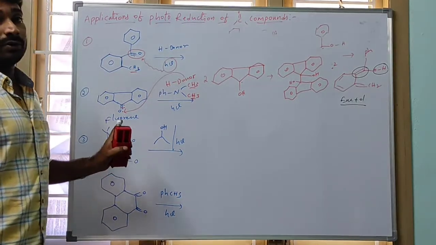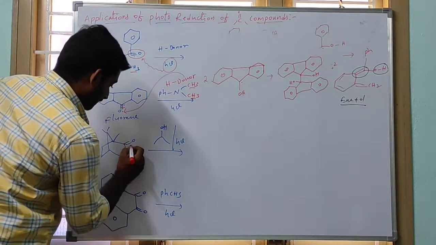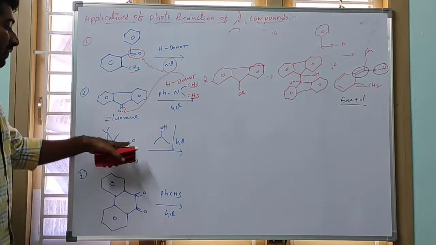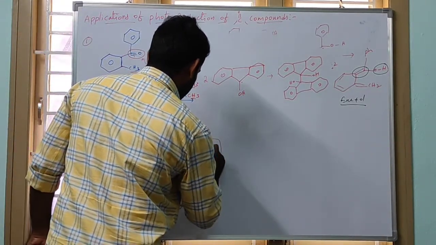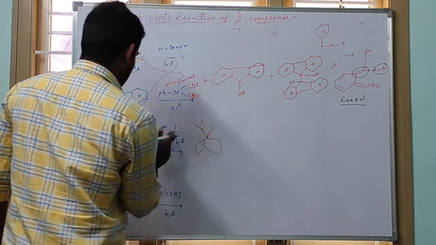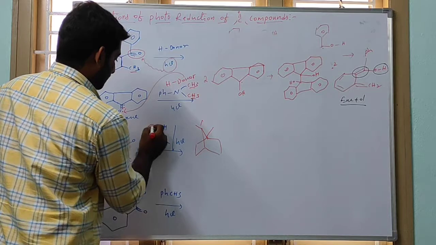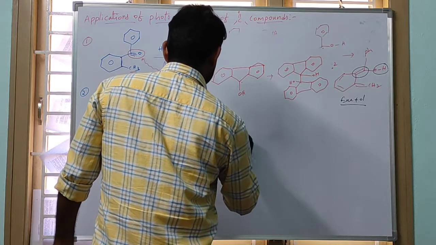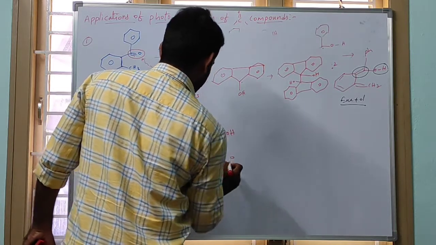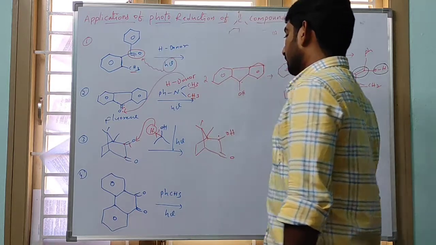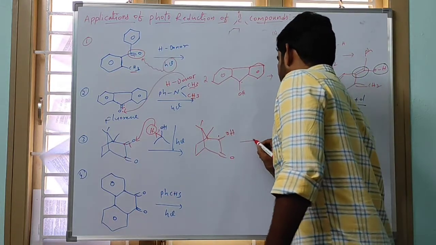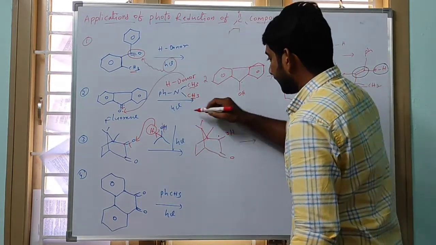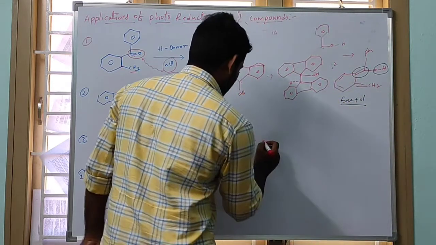One carbonyl group breaks like this and abstracts one hydrogen from the hydrogen donor, giving a radical. Another hydrogen from the donor attacks this radical.